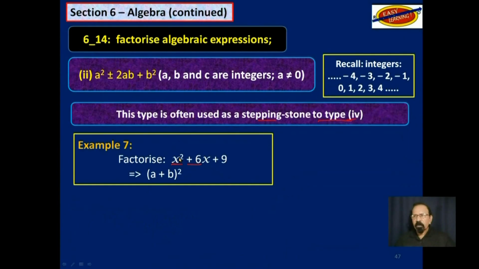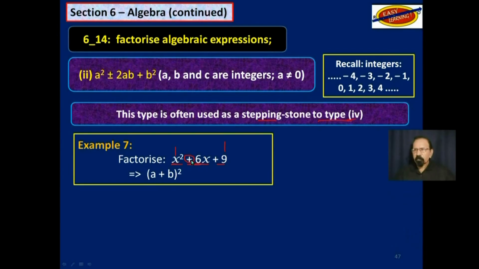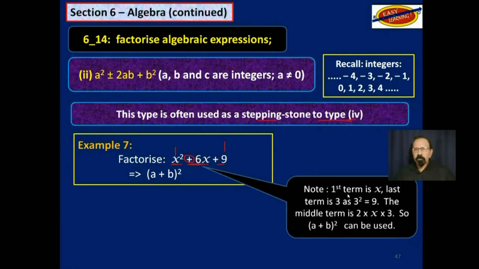Factorize x squared plus 6x plus 9. So we have an A squared here, we have a B squared there, and in the middle here, because that is plus, we need a 2AB. Note the first term is x, the last term is 9, which is 3 times 3. The middle term is 2 times x times 3.